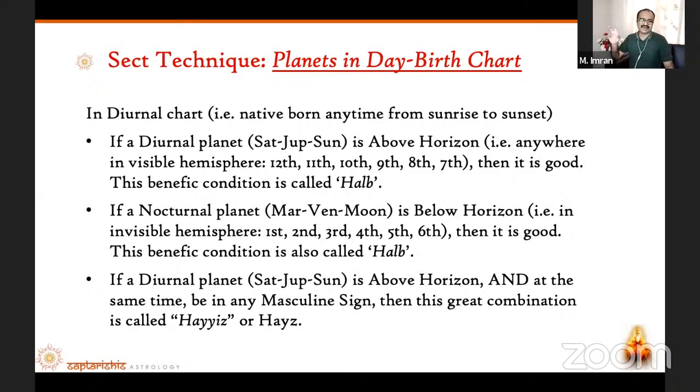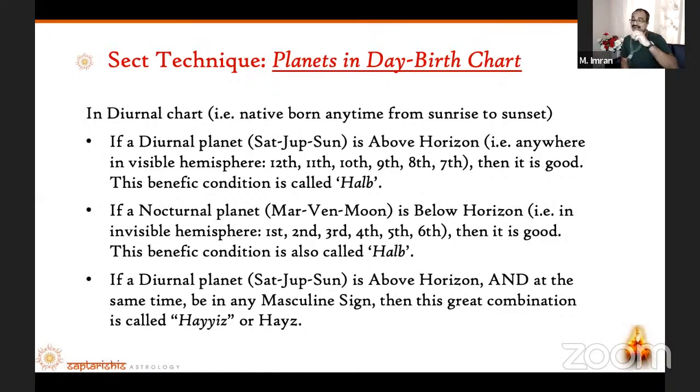Suppose, as an example, in a day chart Jupiter is anywhere. Jupiter in the 8th house is by and large bad, everyone understands that. But if it is daytime and it is also a masculine sign, most of the maleficence of the 8th house will reduce because of hayyiz or haze. This is the example of a daytime Jupiter.